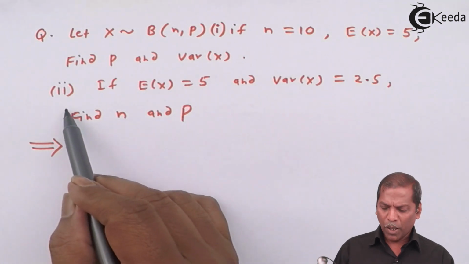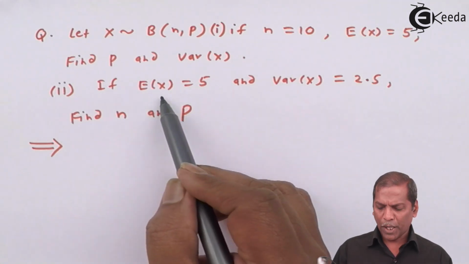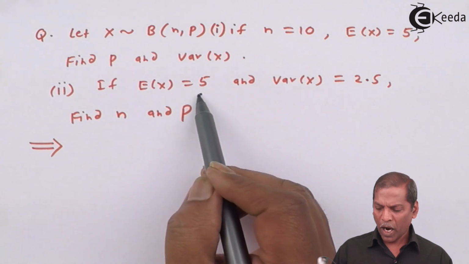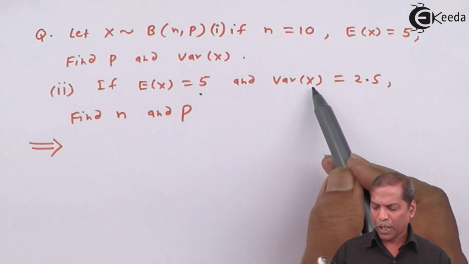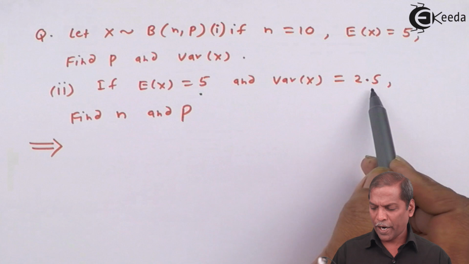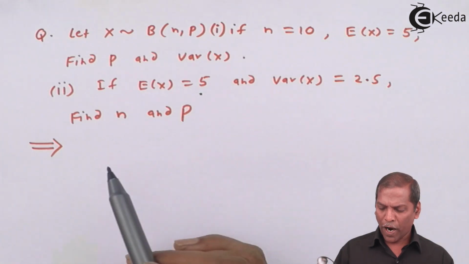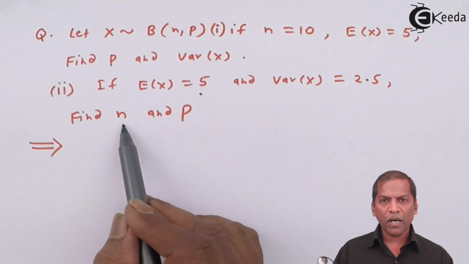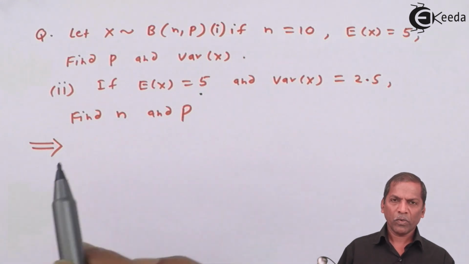Question number 2 is, if E of x is equal to 5 and variance of x is equal to 2.5, then we have to find the value of n and p.